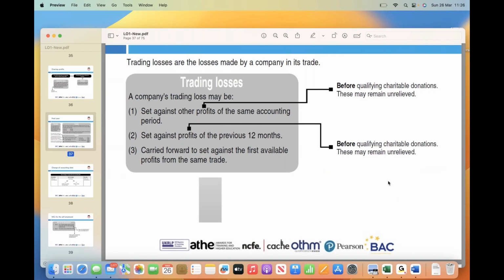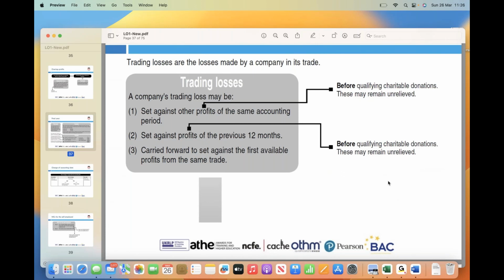A company that incurs a trading loss has several options to relieve it. The loss can be set against other profit of the same accounting period before the deduction of qualifying charitable donations. Any remaining loss after this can be carried forward.